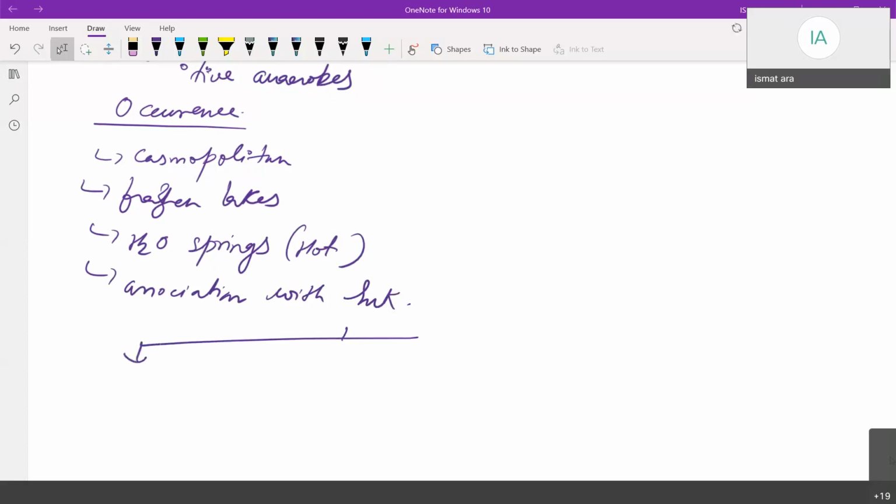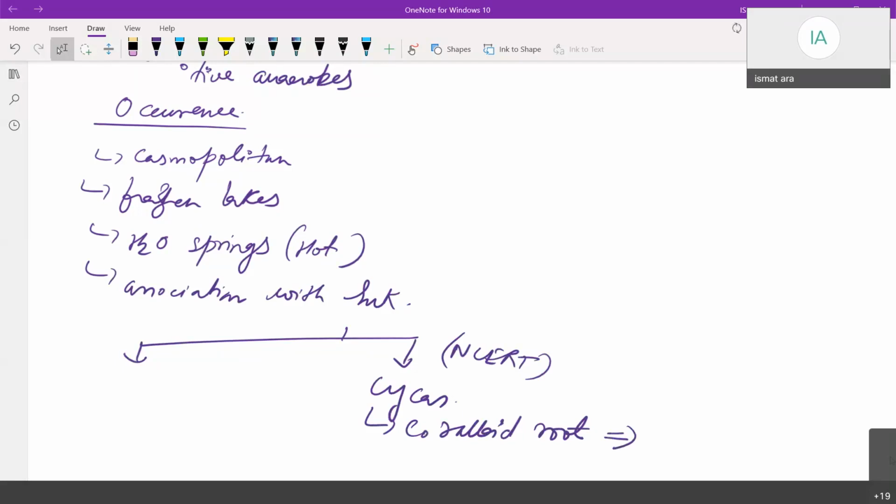Let us see two examples. Very important. These examples are given in NCERT, students. One eukaryotic example is Cycas. Now, what type of root is present in Cycas? They possess coralloid roots. This is also one question. Coralloid root is present in Cycas. And which blue-green algae is in association with Cycas? That is Anabaena.